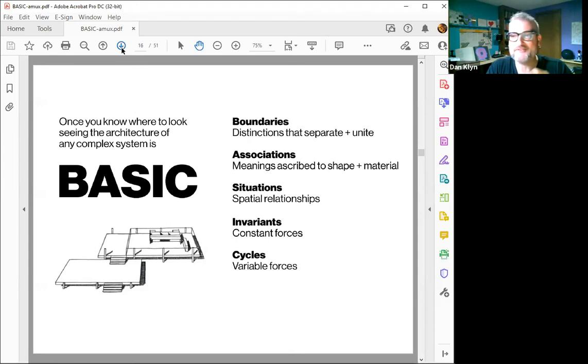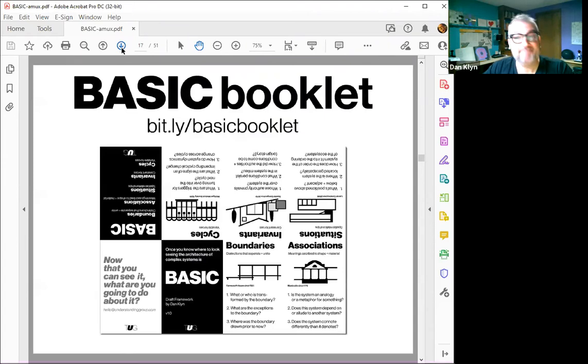Information architecture, software architecture, physical architecture, strategic architecture, it's all the architecture of complex systems. That is the conceit here. So I'll take you through this first with some cartoons of buildings, and then some examples from digital, and then hopefully there will be plenty of time, at least 15 minutes or so, for us to talk about this. Okay. And again, go to the website, get the booklet.